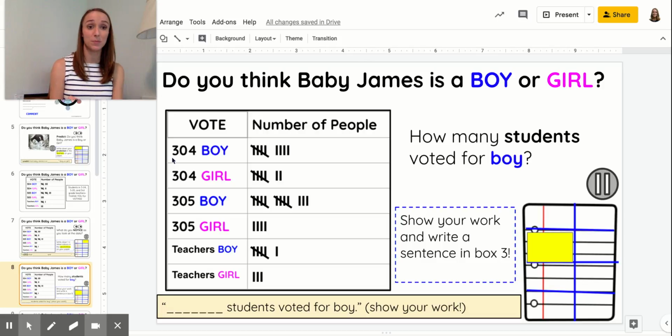So if you need to come up with some type of number sentence, maybe you need to combine some numbers to find the total, whatever you think you need to do. I look forward to seeing what number sentence you write to find the number of students that voted boy. Here's your complete sentence: blank students voted for boy. And then also in that, please show your work. Click pause, show your work, and then hit play when you are ready to move on.